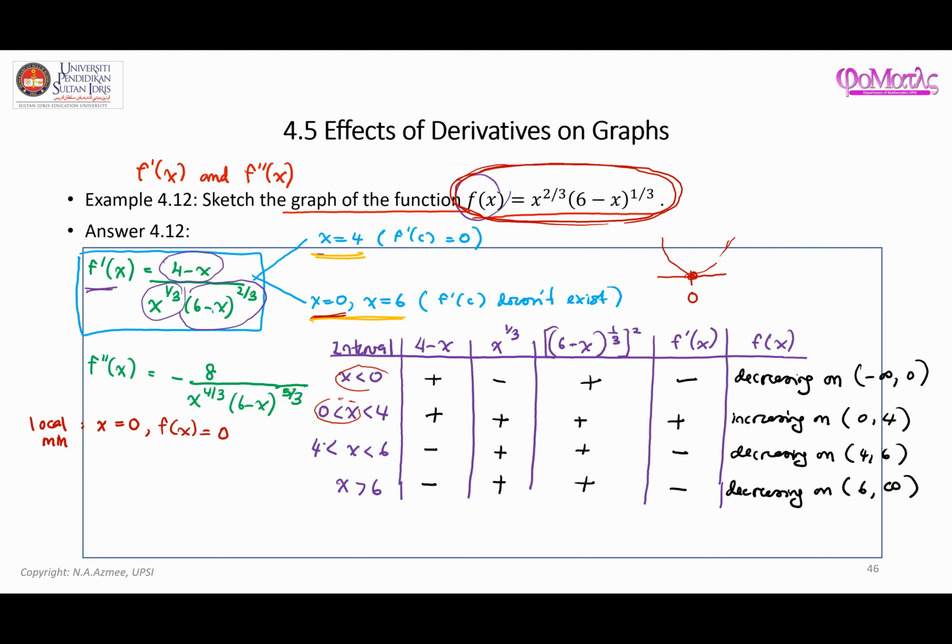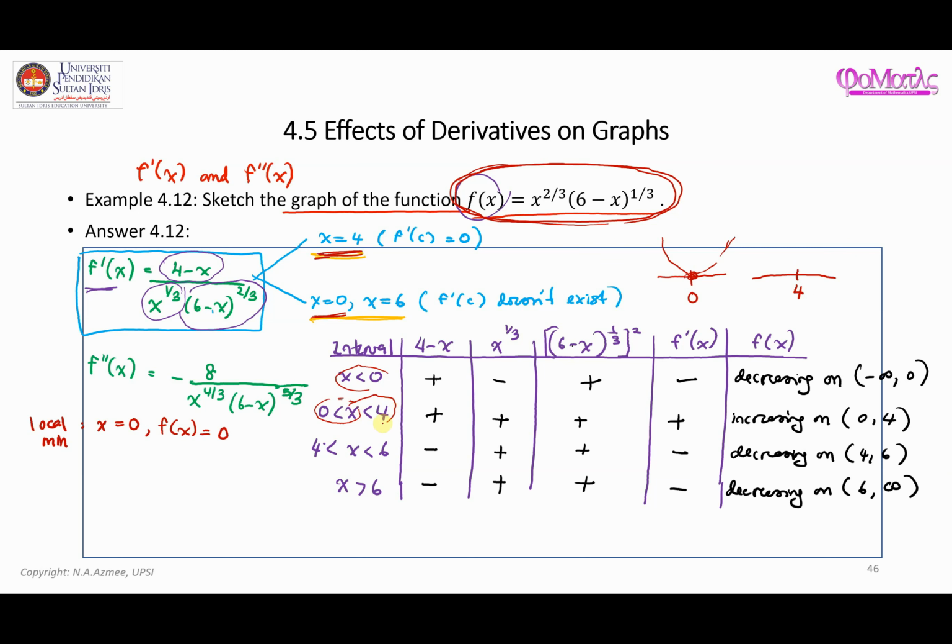That is the local minimum. Now, if you go on and study point x equals 4, I'm just going to simply sketch this simple diagram. So x equals 4.